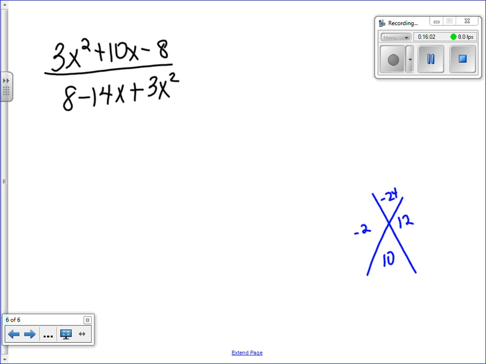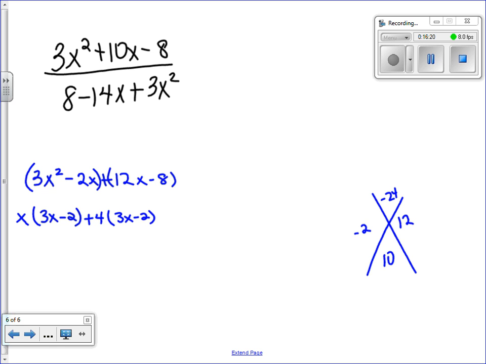Negative 2 and a positive 12. So that's going to be 3x squared minus 2x plus 12x minus 8. I can take out an x, and I have 3x minus 2. If I take out a 4, I'll have 3x minus 2. So my numerator factors to x plus 4, 3x minus 2.